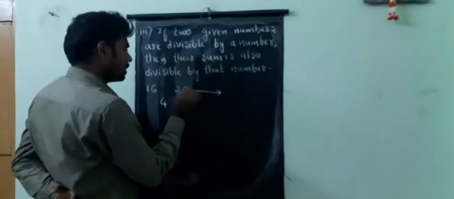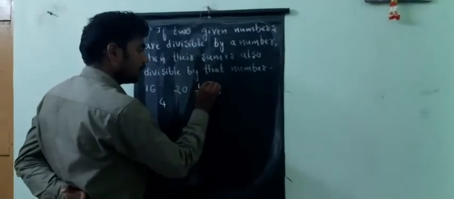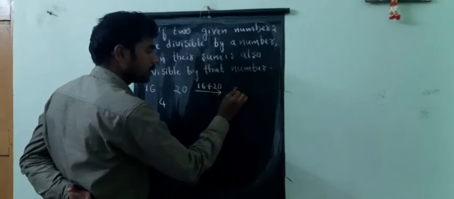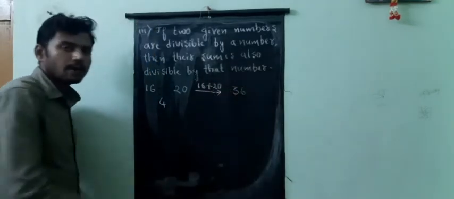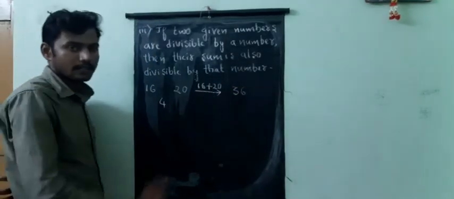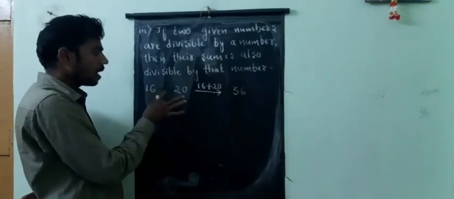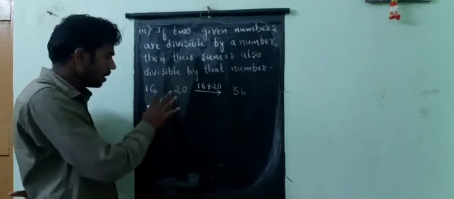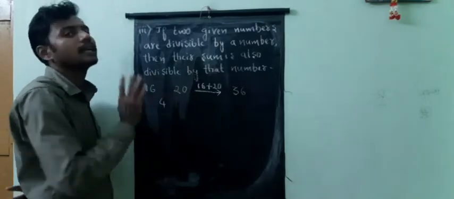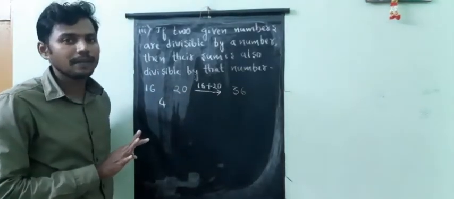What is the sum of 16 and 20? 16 plus 20 is equal to 36. Is 36 divisible by 4? Yes, 4 9s are 36. Same thing: if two numbers are divisible by a number, then their sum is also divisible by that number. That is the only meaning.